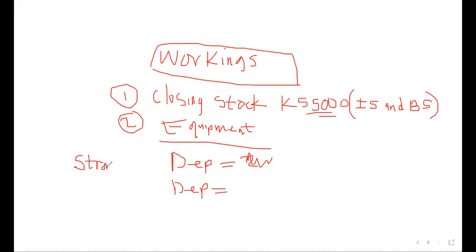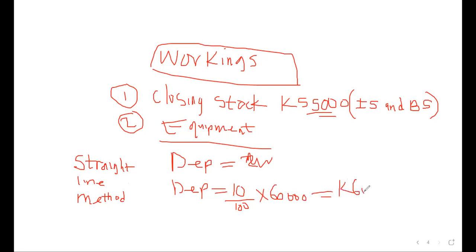So we are going to say 10 over 100, multiplied by the equipment, which is 60,000. So our depreciation here is going to be 6,000. That's the depreciation of this equipment.